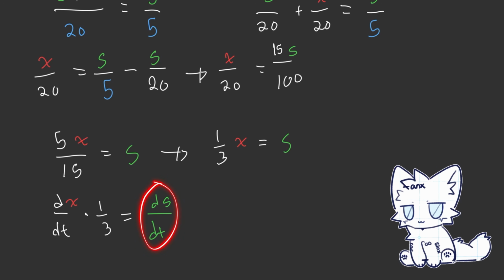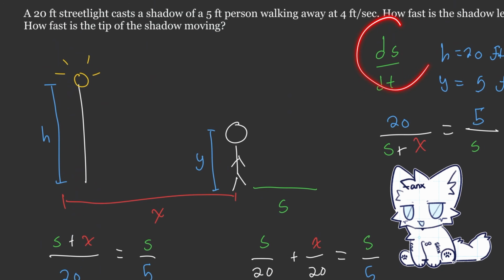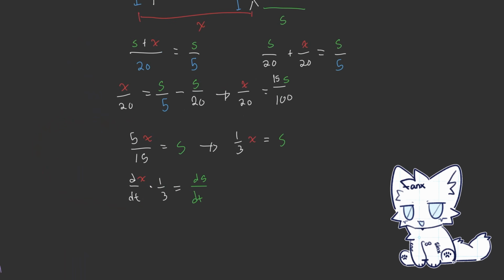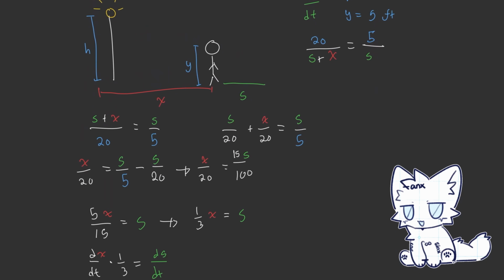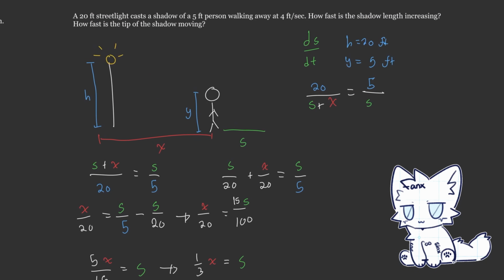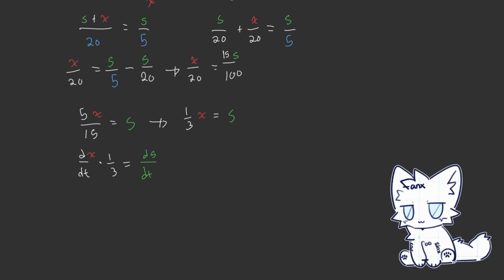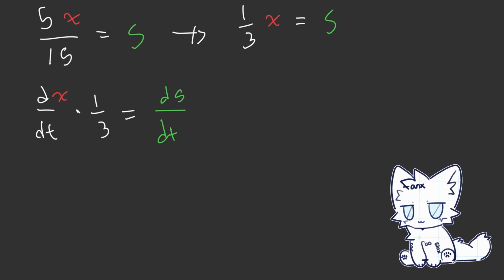Now, originally we were trying to solve for that, and we have it in terms of things we know. dx/dt, that would be what? The person is moving away at a rate of 4 feet per second, right? So he is changing in x with respect to time at a rate of 4 feet per second.